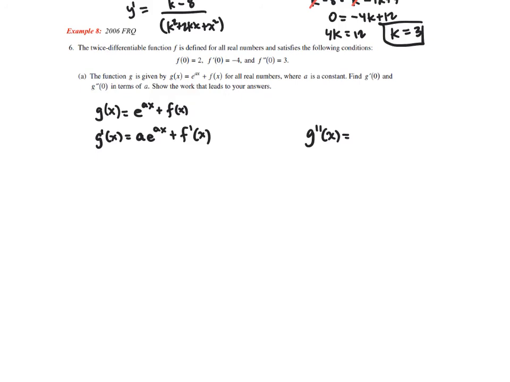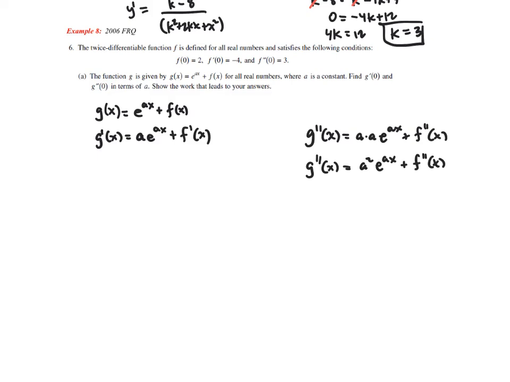I'm going to repeat the process, so I will get a times a e to the ax plus f double prime at x. I'm going to simplify that as a squared e to the ax plus f double prime at x.